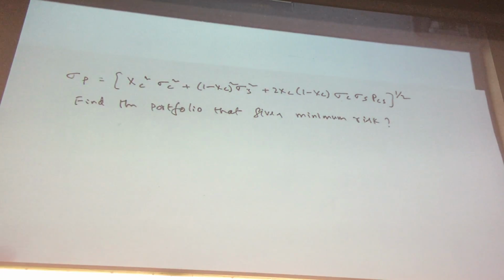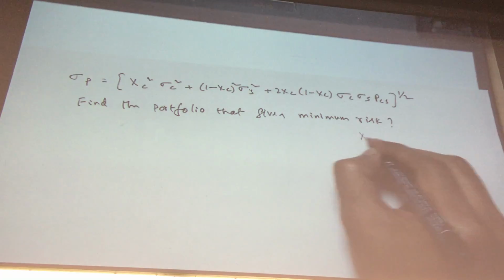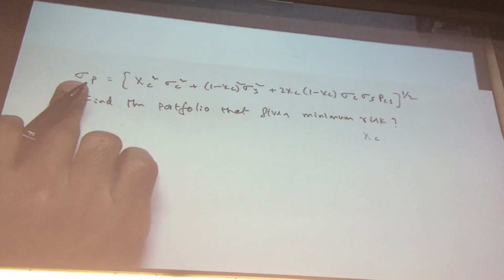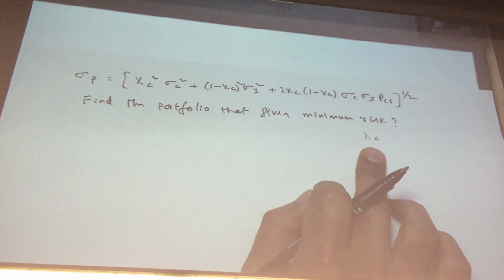So we have the portfolio standard deviation, and we would like to find the minimum portfolio. What is a portfolio? A portfolio is nothing but finding the xc value. When I fix my xc value, that means how much weight I give to stock C, and that defines the portfolio. So I want to minimize the standard deviation by adjusting the xc value.